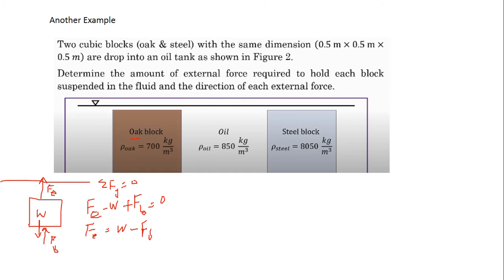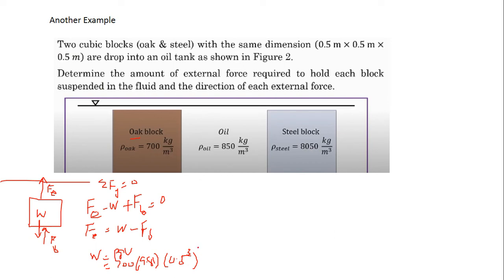Alright. And then find W. What's the formula for W? Rho GV. Okay, rho GV betul. What's the rho? The rho is 700. Yes. G is 9.81. The V? V is 0.5 times 0.5 times 0.5. Dia cube lah.